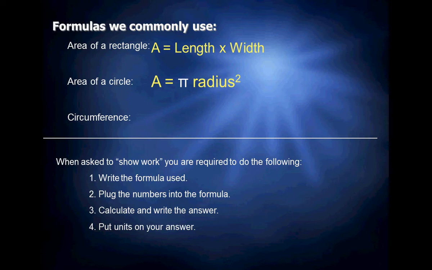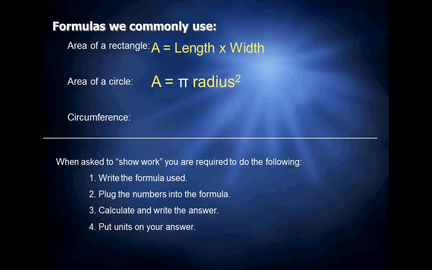If you use 3.14 versus the pi button, you will get slightly different answers because the pi button has more decimal places than just 3.14. So it's up to you. You also need your calculator. Did I tell you you need a calculator for this unit every day? You will. All right, so pi times the radius of the circle squared.